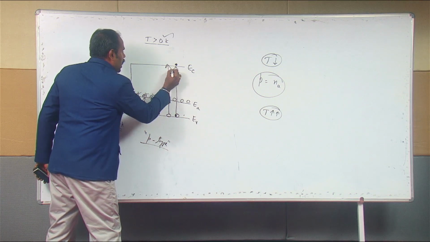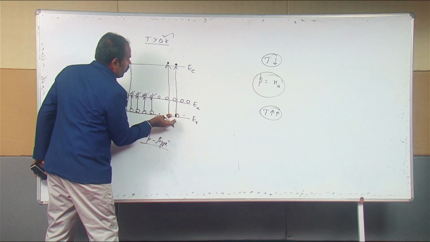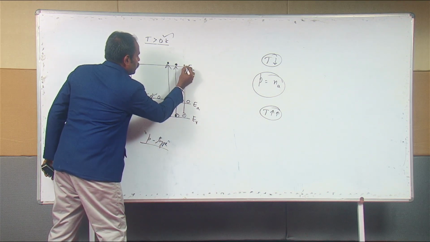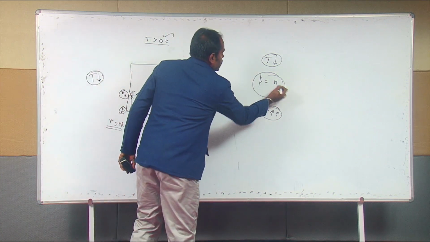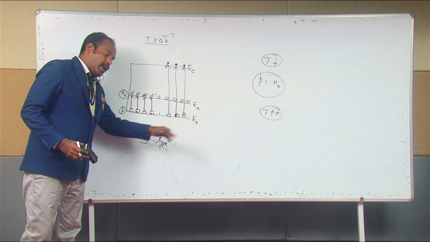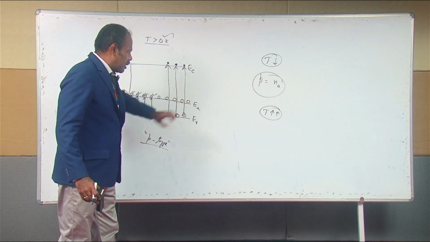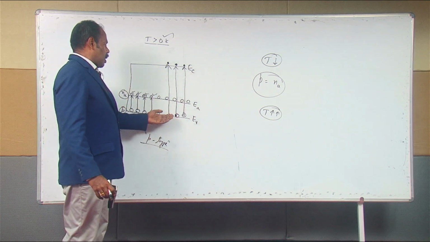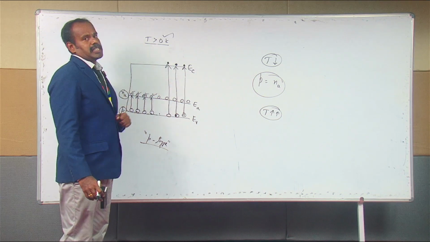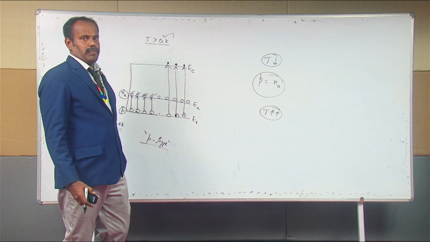So as long as the temperature is very high, electrons will move from the valence band to the conduction band also, and thereby you cannot claim that p is equal to Na, because the number of holes in the valence band at the higher temperature will not be equal to the negatively ionized acceptor atoms at the acceptor energy level. Why? Because some of the electrons have also gone from the valence band to the conduction band, which has led to the creation of holes in the valence band.